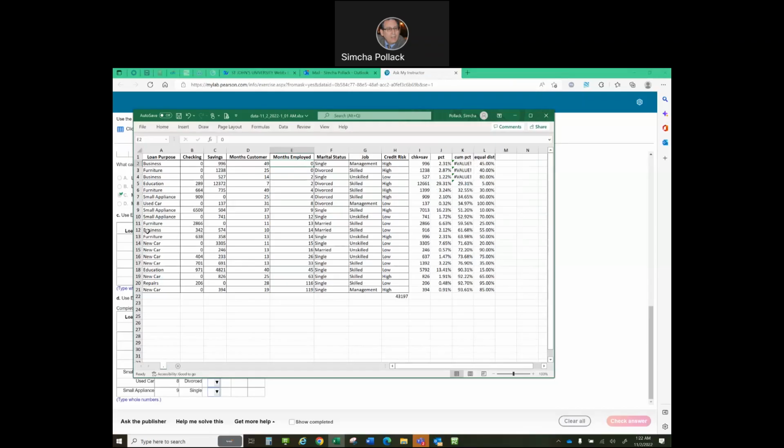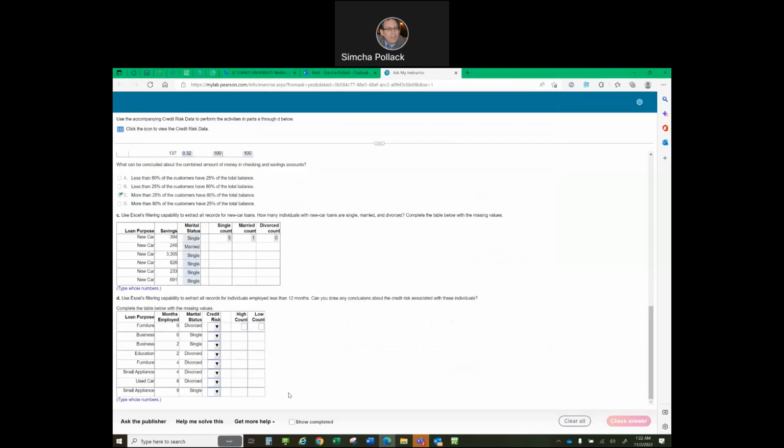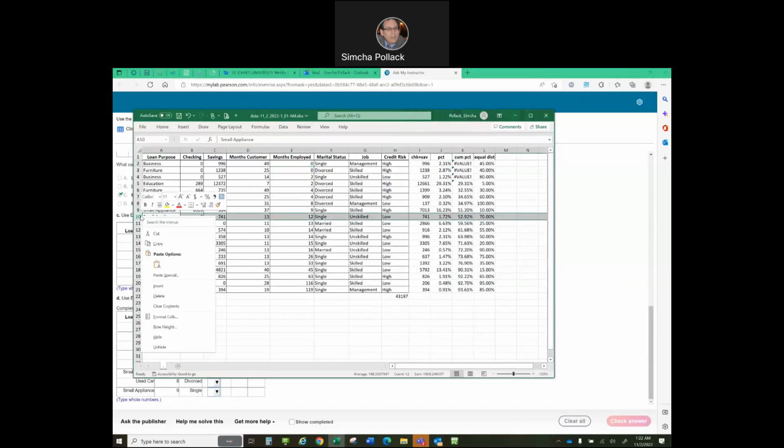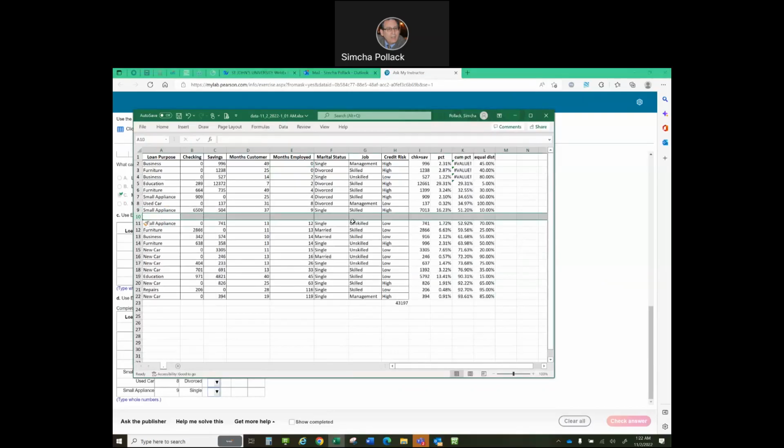Is it less than 12 or less than or equal to 12? Less than 12. Okay, so we want everybody below 12. We'll put a blank line here to make it visible. So we want these things here.